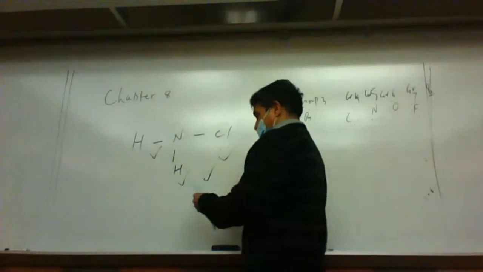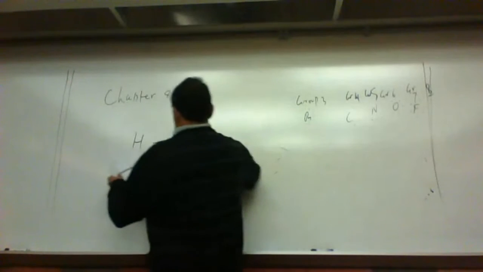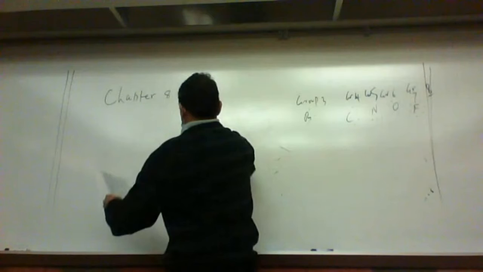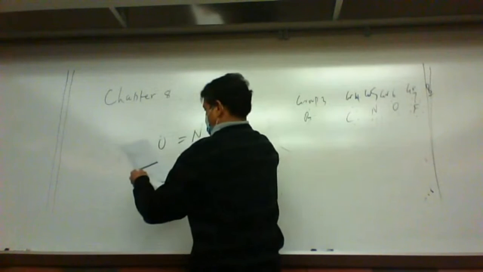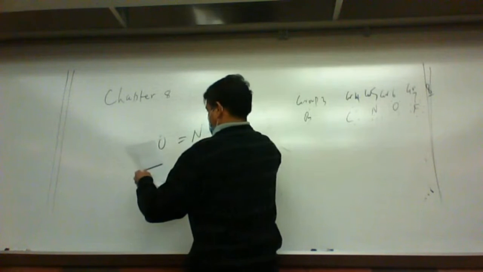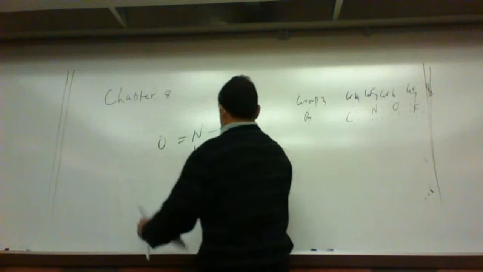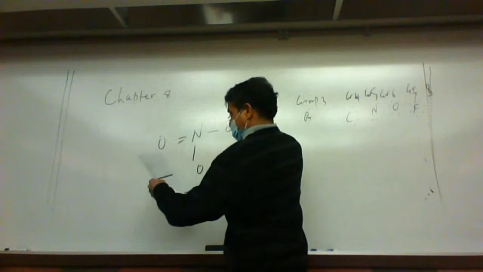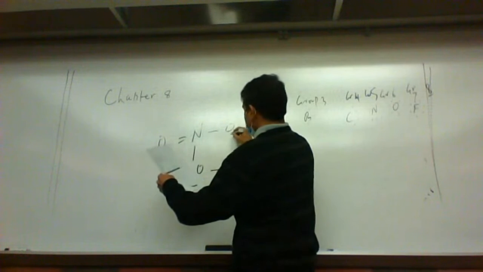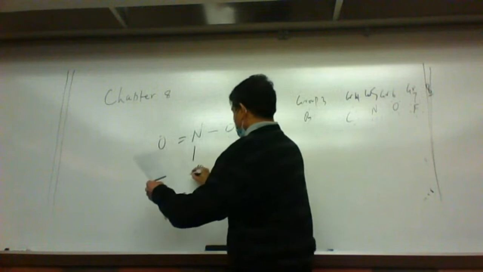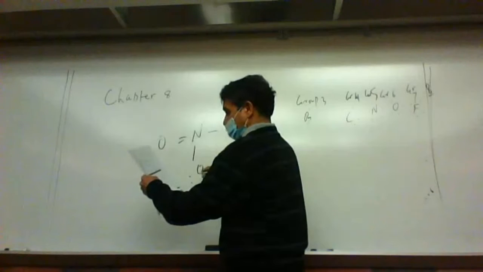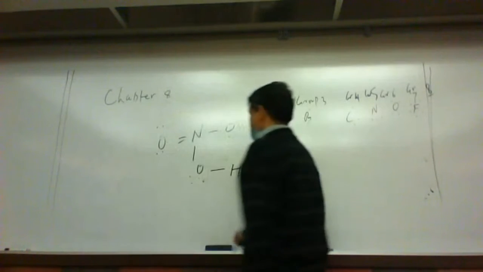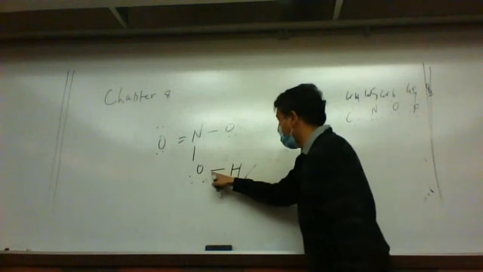And then let's look at another one. NO, O, then we have O here and H here. Let's count how many they put here. 1, 2, 3, 4, 5, 6. 1, 2, 3, 4. Here 1, 2, 3, 4, like this. Now let's count the electrons. For hydrogen, there are 2 electrons.